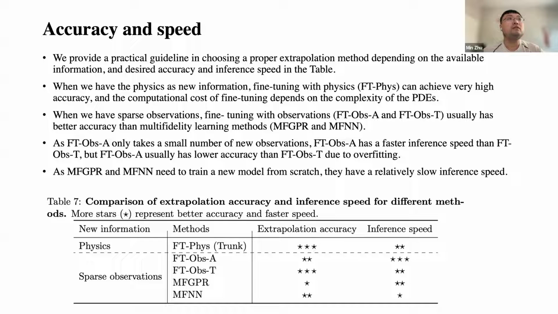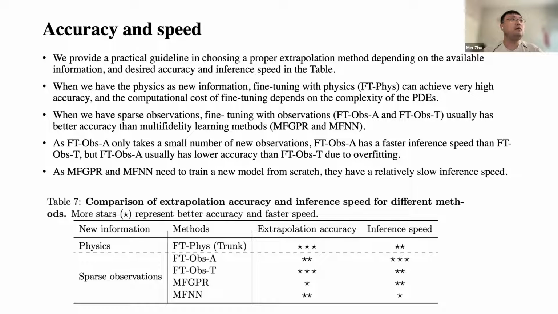When we have the physics as information, fine-tuning with physics can achieve very high accuracy, and the computational cost of the fine-tuning depends on the complexity of the PDEs.